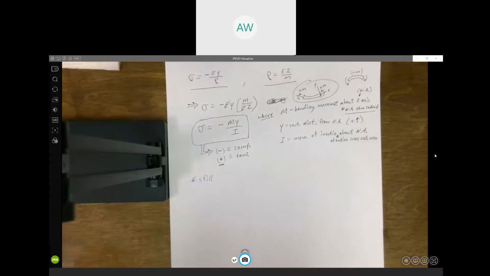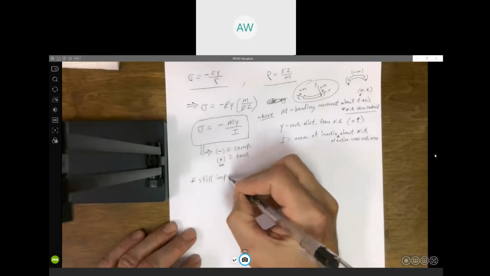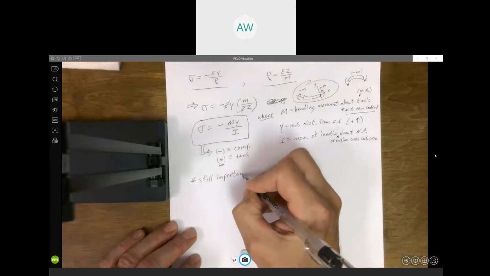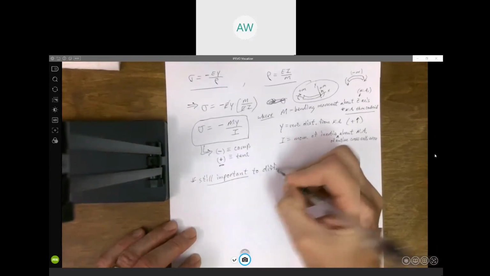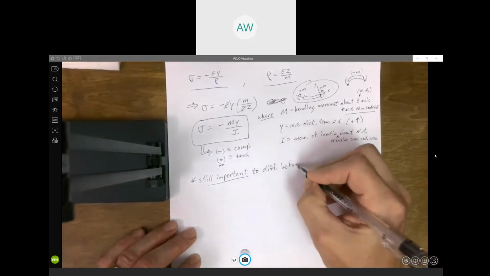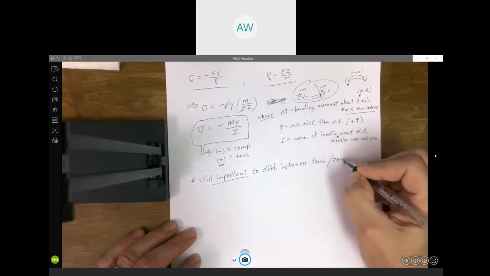If you had an axially loaded member in compression, it could fail by buckling as opposed to the material failing due to a high stress. So it's still important when we're bending to differentiate between tension and compression.